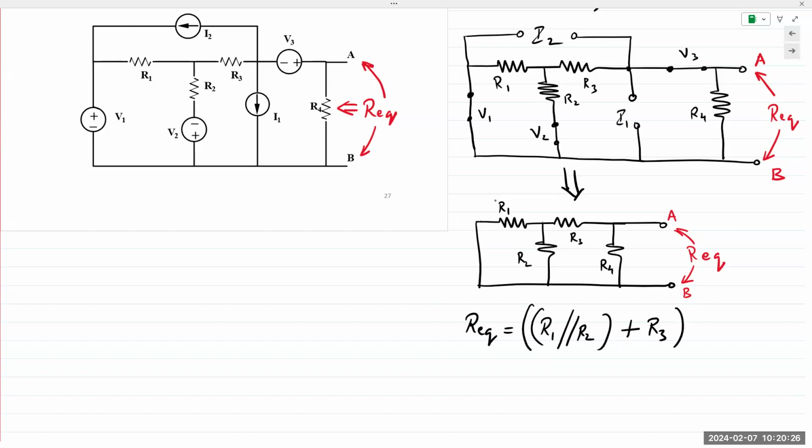And then final one is R4, which is again in parallel with the rest of the combination. So I don't have any values here just because I wanted to explain the concept. But if there were values at this point, you simply plug it in from your calculation. That REQ is your Thevenin resistance for that circuit.